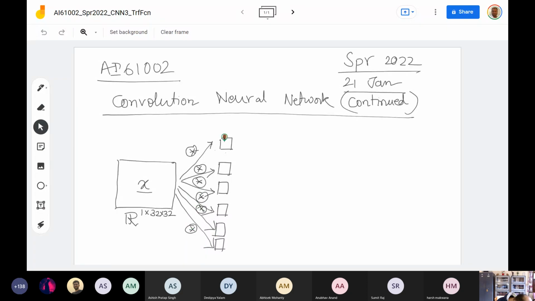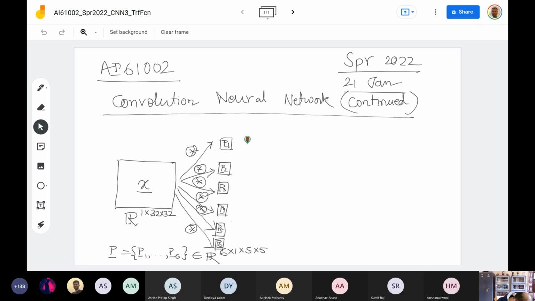This is P1, P2, P3, P4, P5, P6. So essentially I have P, which is the concatenation of P1 up to P6, which belongs to R power of 6 cross 1 cross 5 cross 5.